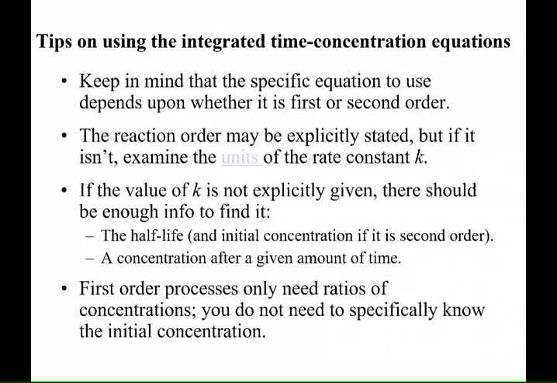So if we look at first order, sometimes you only want to know, for instance, when the molar concentration of A is, let's put, 50% of A0. There are times when you aren't given the exact molar concentration of A for the question. You just want it to be half gone.